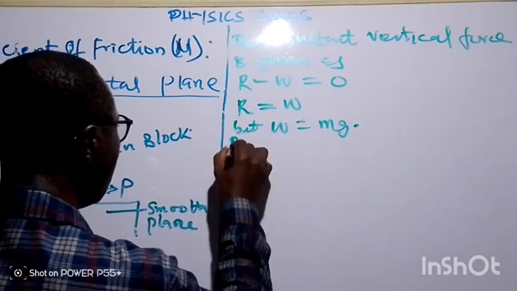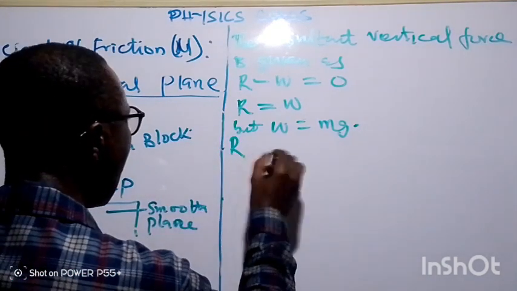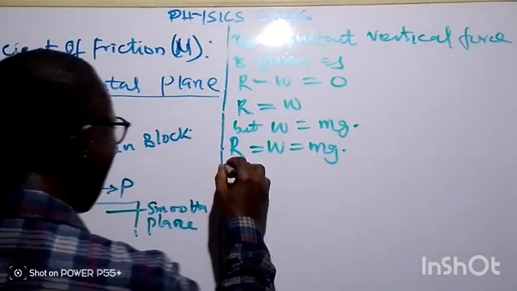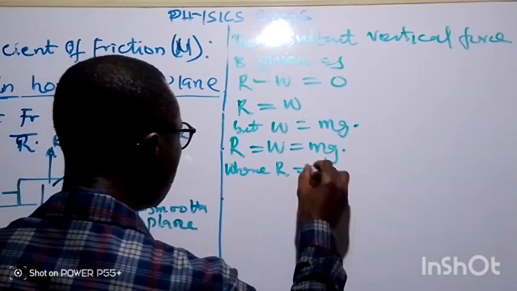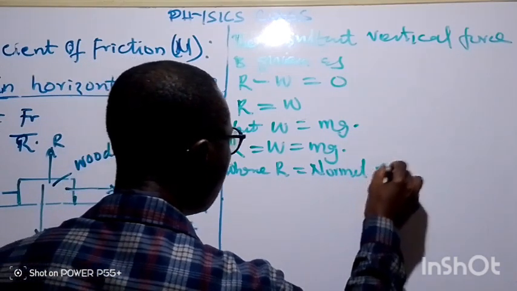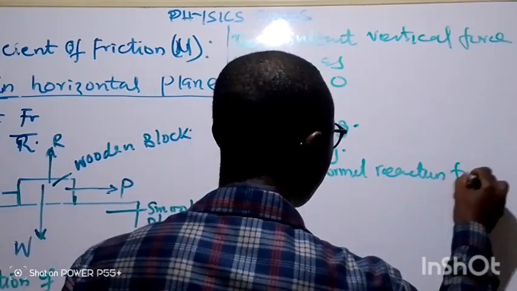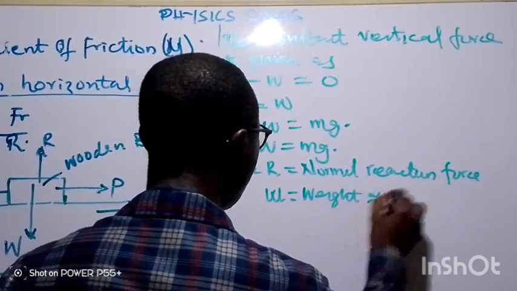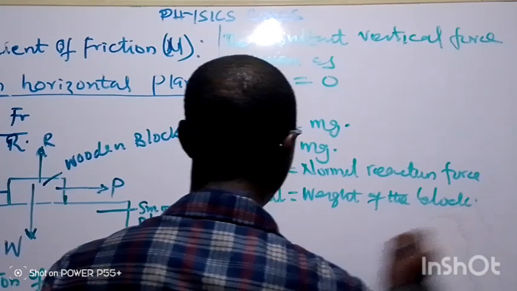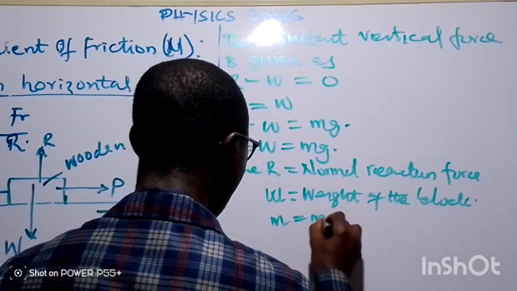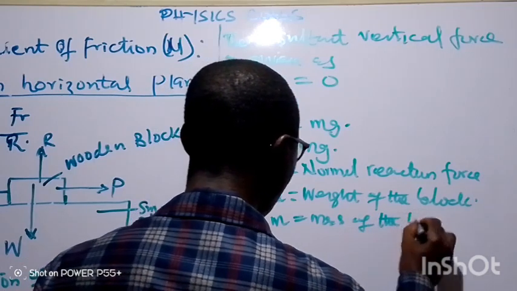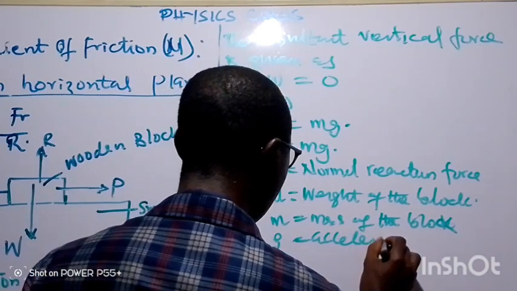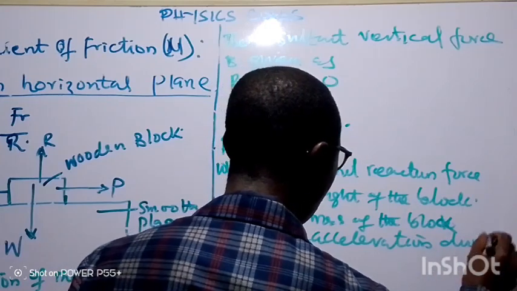So for the vertical component, we are going to have R equal to W, which is equal to mg, where R is the normal reaction force, W is the weight of the block, m is the mass of the block, and g is the acceleration due to gravity.